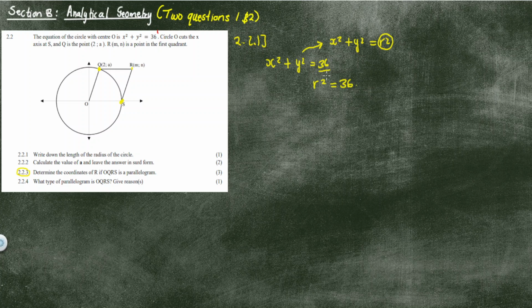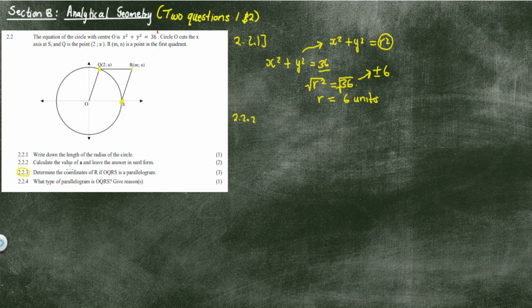The 36 is a radius that is squared. Now to get the radius, we take the square root on both sides. So r is now equal to 6 units. And your radius is going to be positive. Now a square root of a number comes out as plus minus 6 in this case. Ngoba we want a radius, it's gonna be a positive 6, not a negative 6. Okay. So now I answer you for 1 mark.